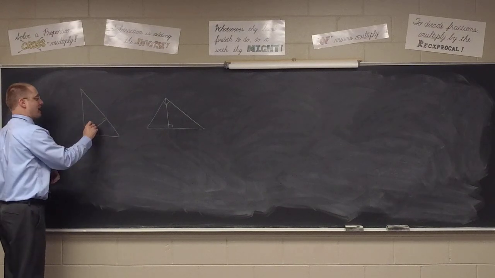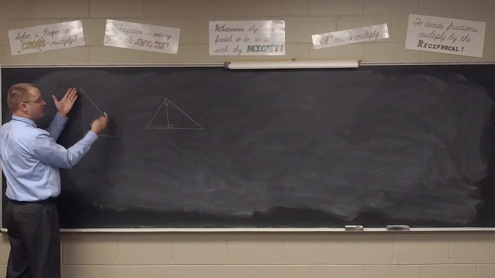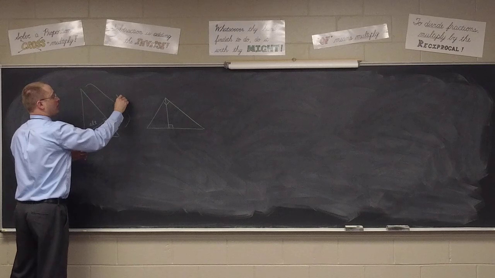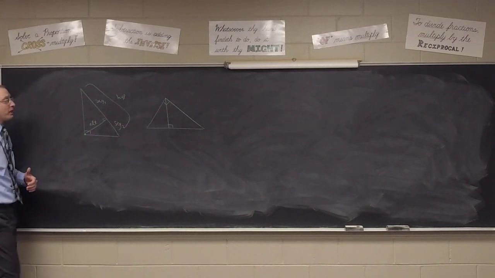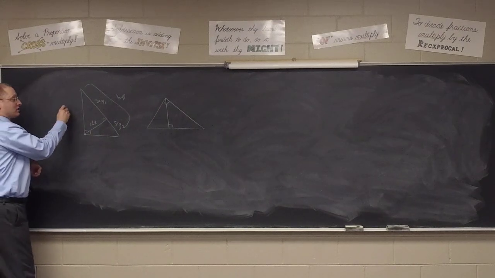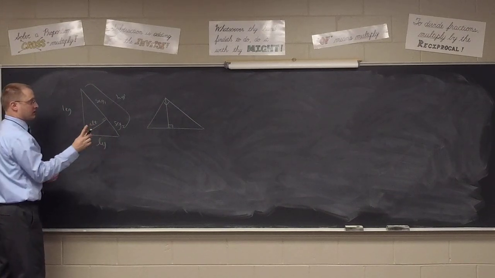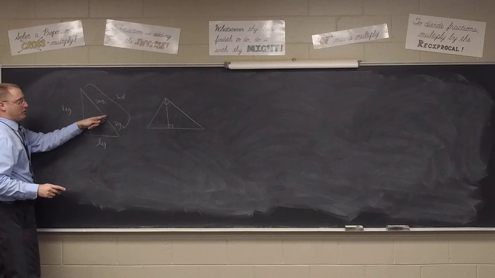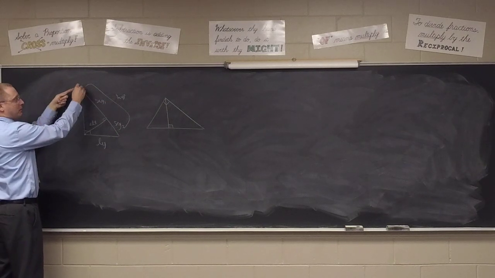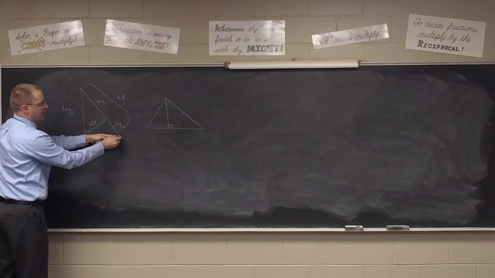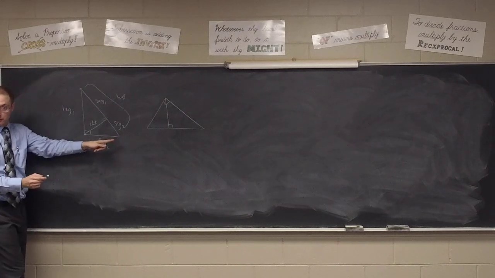The point is that the altitude has divided the hypotenuse into two segments. We call it segment 1, segment 2. And of course there are two legs to the right triangle. Now notice, if this is segment 1 that attaches here, this has to be leg 1, so that leg 1 and segment 1 both come off the same point. Segment 2 and leg 2 then would also come off the same point.